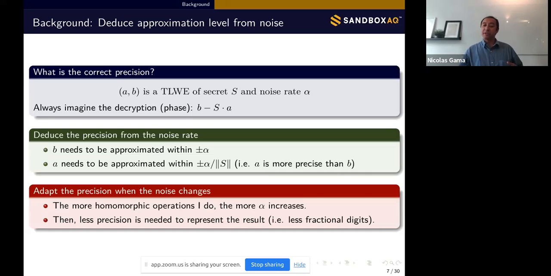And if the noise rate changes, like if I do additions or linear combinations of homomorphic ciphertexts, the noise will increase. Whenever the noise increases, it means I need less precision, so I can just drop the last fractional digits. So that was just to give the geometric intuition behind TLWE, and why we only have 2 parameters and not 3. The important thing is that the noise is really the key, and everything derives from the noise.